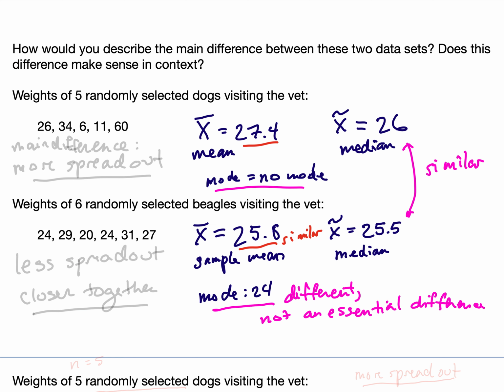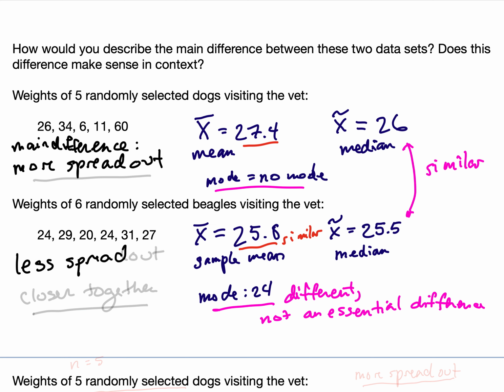So what is the main difference in this case? I would suggest that the main difference is how spread out this data is. These data values, 26, 34, 6, 11, 60, are more spread out. And these data values down here are less spread out.